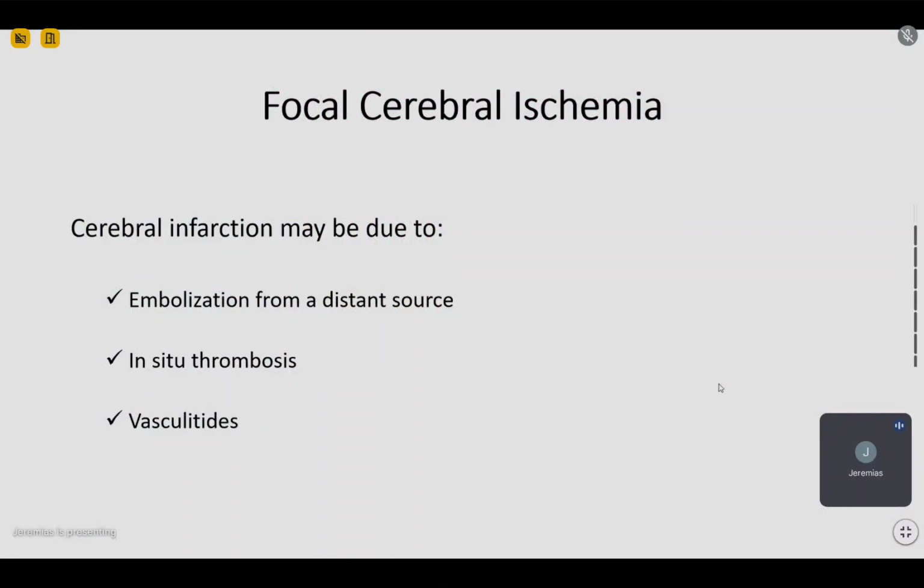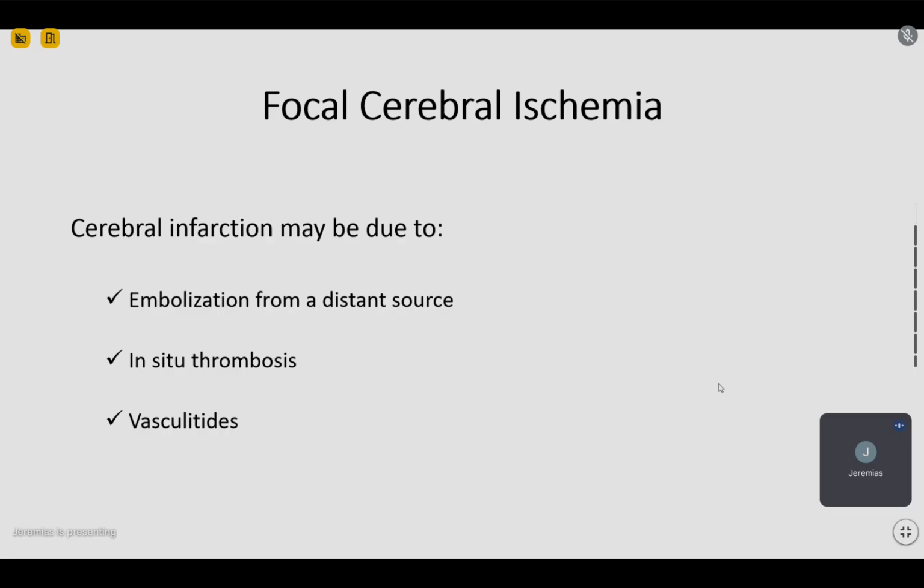So, focal cerebral ischemia or ischemic type of stroke may be due to embolization, thrombosis, or vasculitides. So, it follows reduction or cessation of blood flow to a localized area of the brain due to partial or complete arterial obstruction, again probably due to embolization or thrombosis or vasculitides.